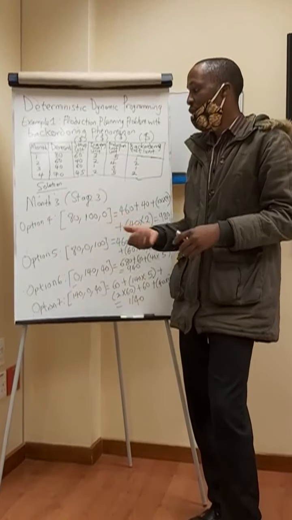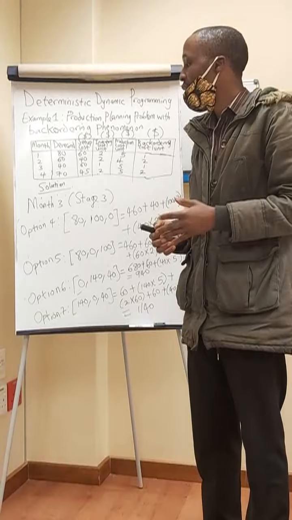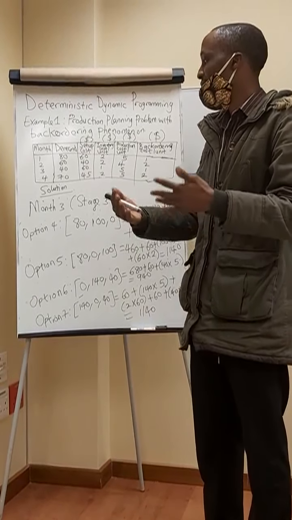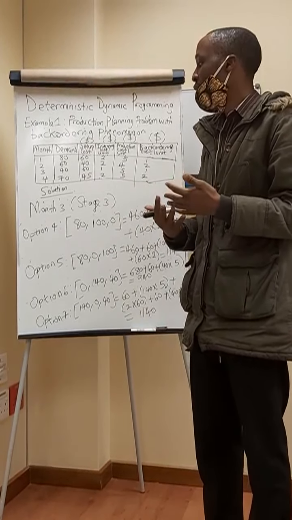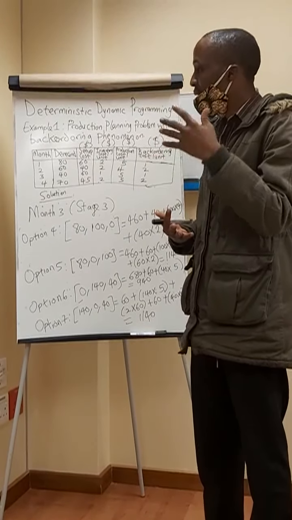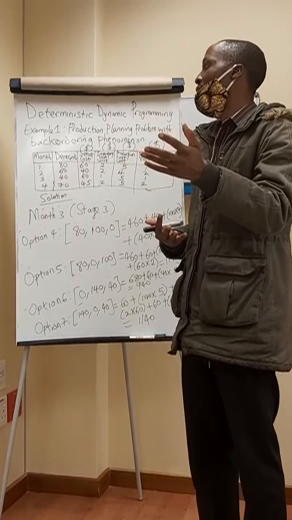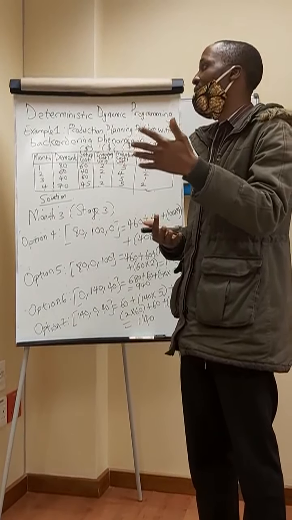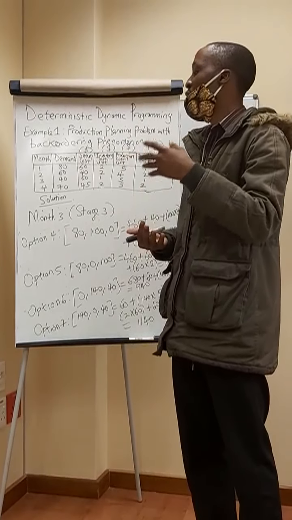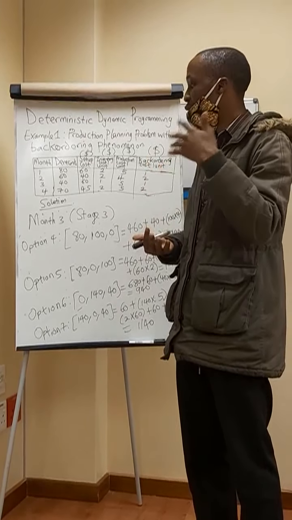So if you look at all the previous options that we have done, we have analyzed all the options because backordering is allowed, and this is a relaxed optimization problem where we can decide to produce what is required in month 1, 2, and 3 in month 1, that was our first option. And the second option was to produce what is required in month 1, 2, and 3 in month 2, and then produce in month 1 and 3.